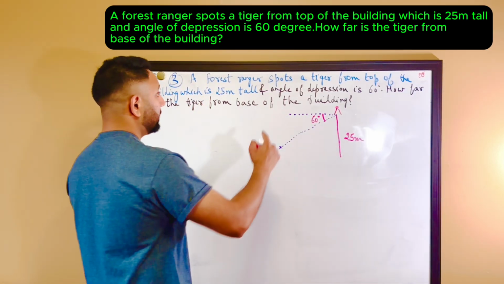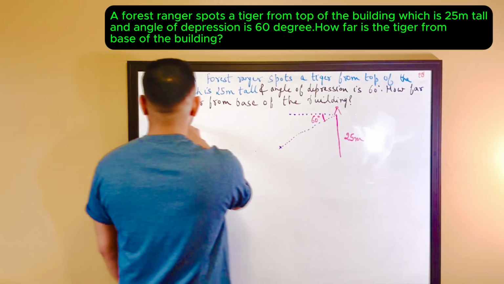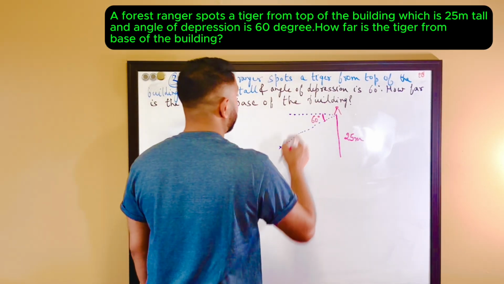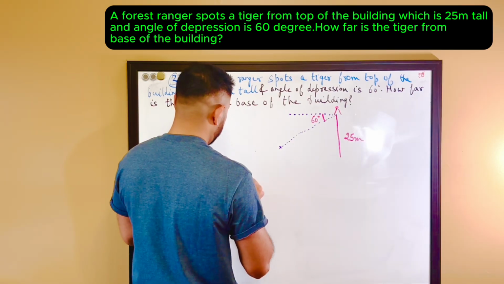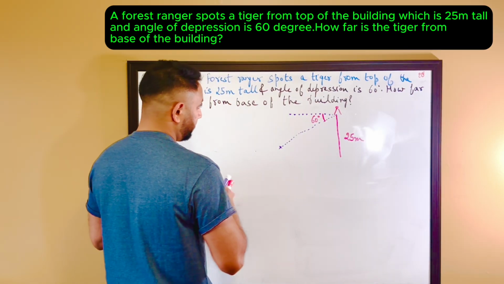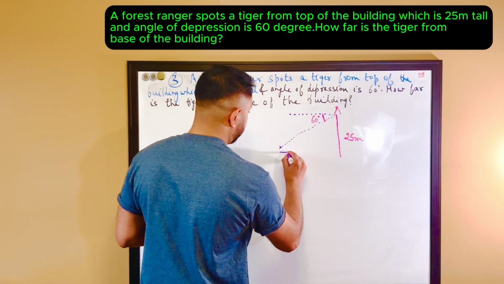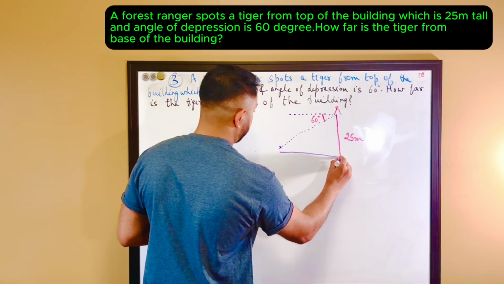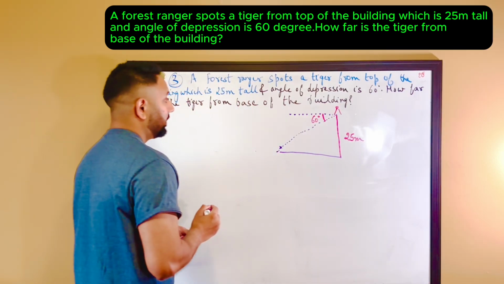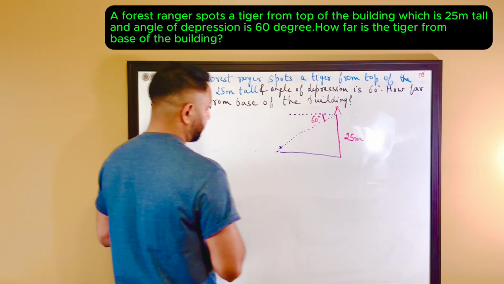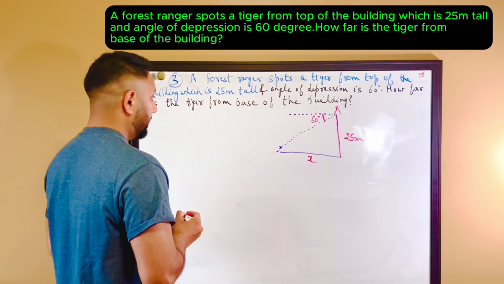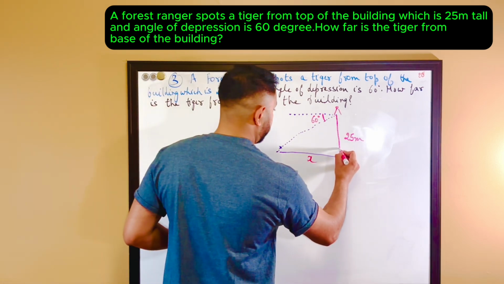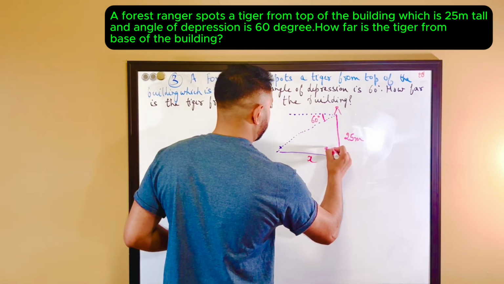So we need to find out how far the tiger is from the base of the building. Let's say the tiger is here and this is the base of the building, and we need to find this distance. Let's suppose this is small x and this is a 90 degree angle.